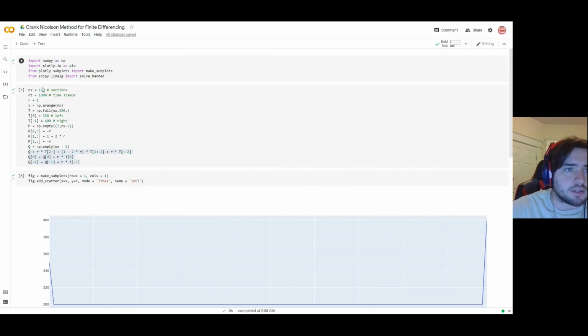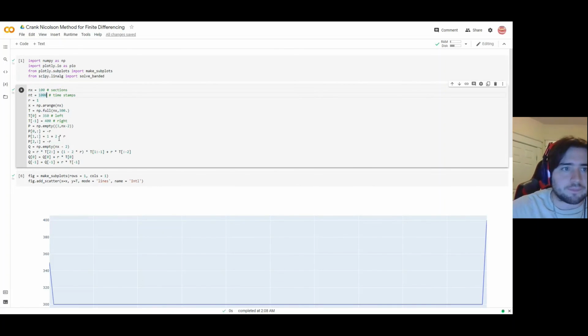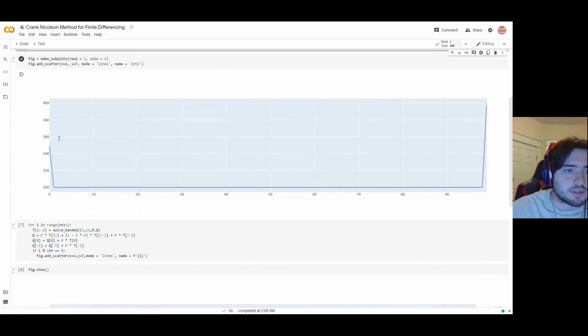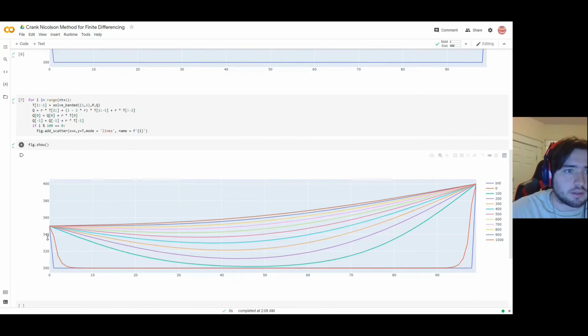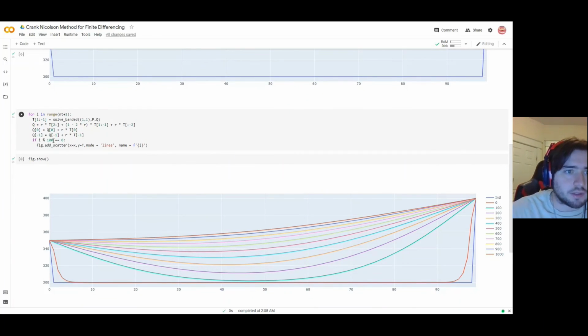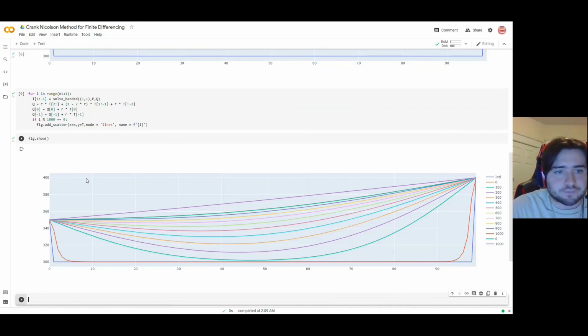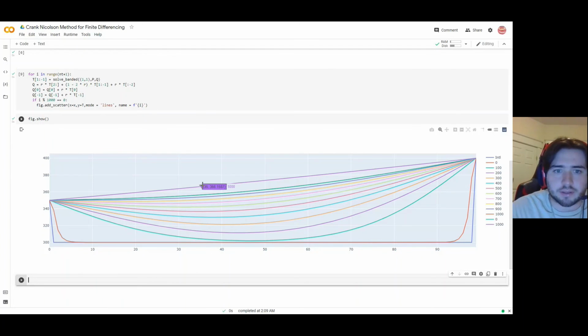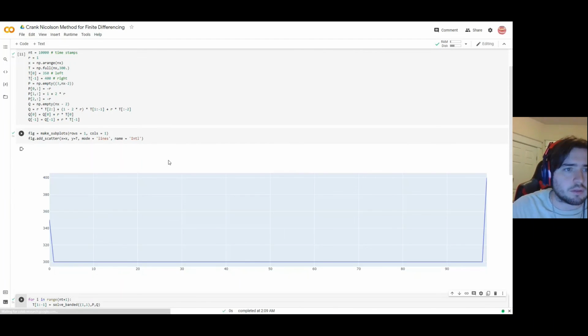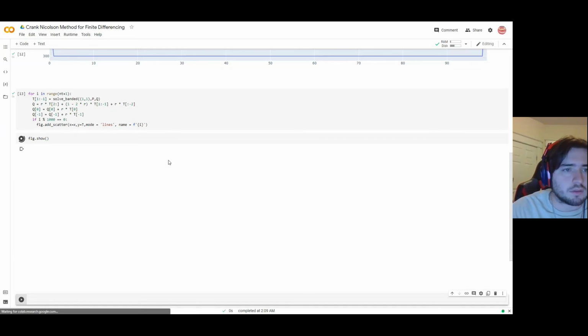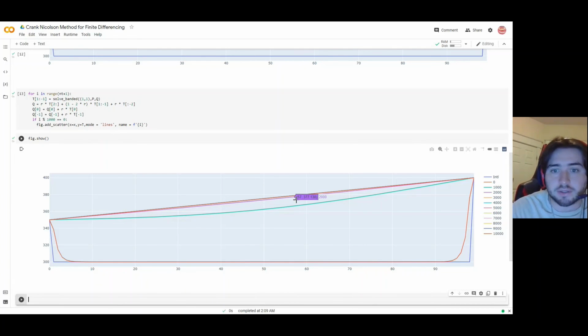So we're going to increase the time steps, and in turn increase this value. Okay, so there we got a linear one. Wait, did I not update this one? No, I didn't. There we go. Okay, so as you can see, a lot of these reached steady state.